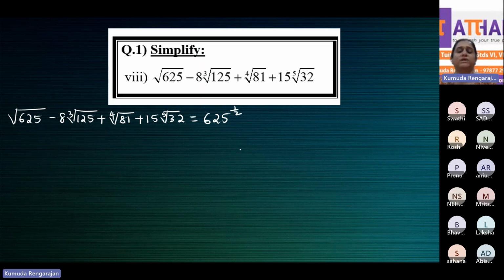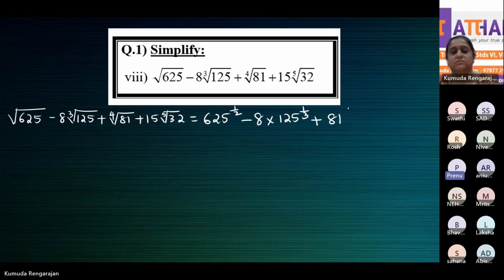Minus 8 into 125 raised to the power 1 by 3, plus 81 raised to the power 1 by 4, plus 15 into 32 raised to the power 1 by 5. Very good.